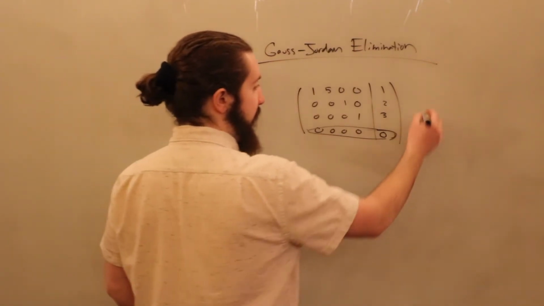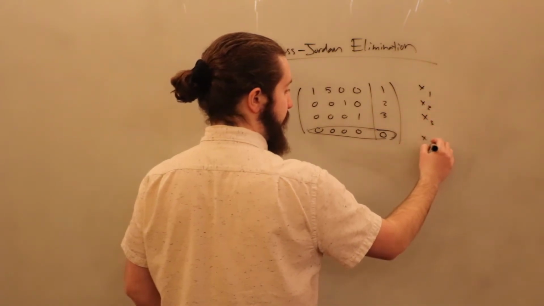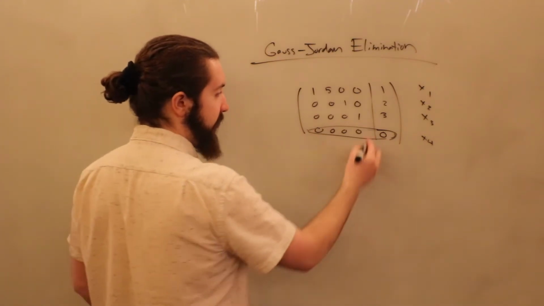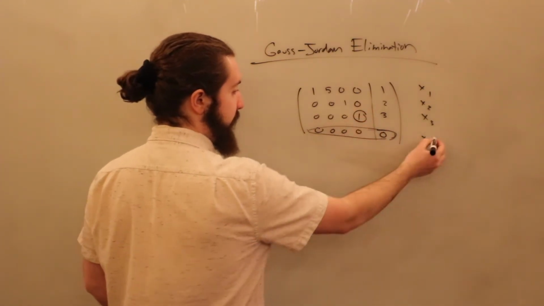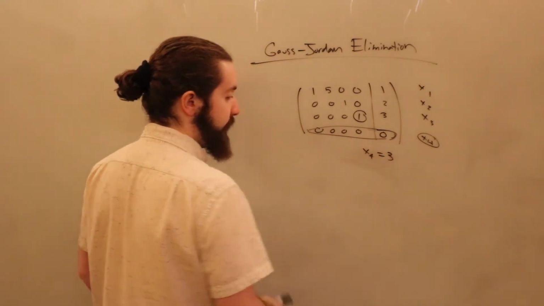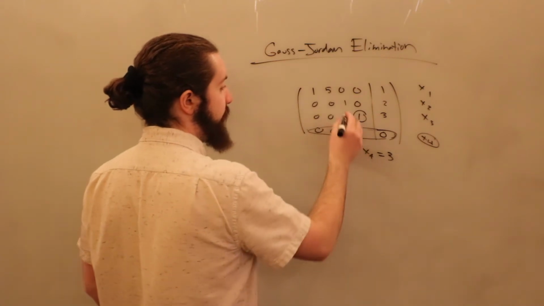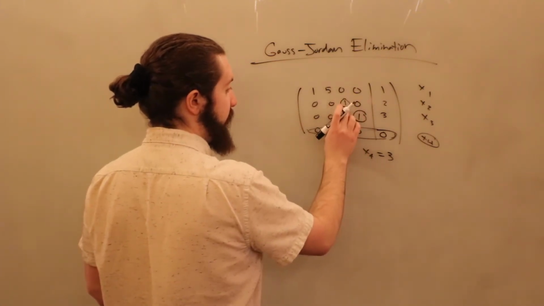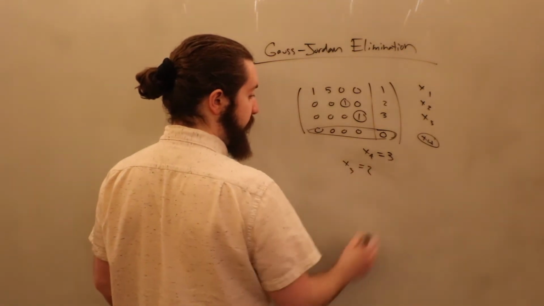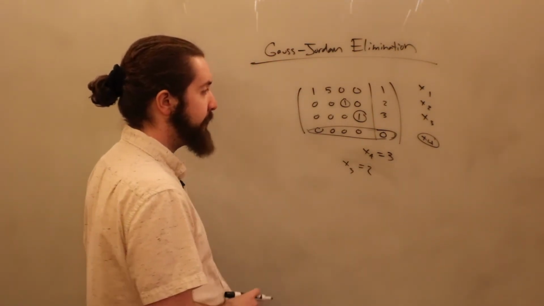All right, so if we label our unknowns x1, x2, x3, and x4, what does this row tell us? Well, it tells us that the last one, x4, has a value of 3. No more information required. What about the second row? This tells us that the third unknown, x3, is equal to 2. Once again, no further information required.